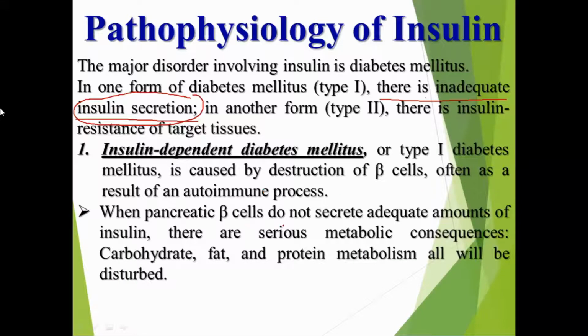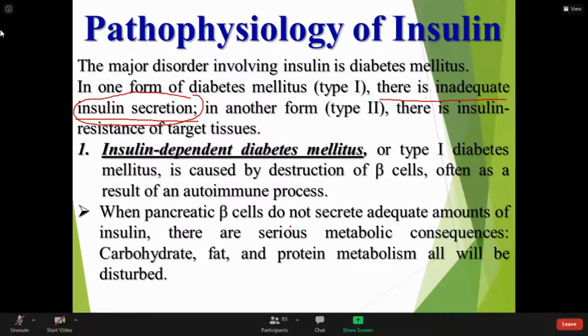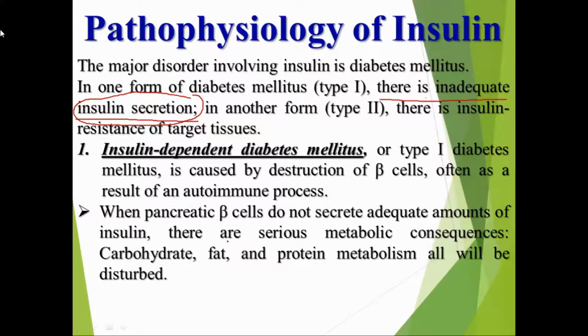When pancreatic beta cells do not secrete an adequate amount of insulin, there are serious metabolic consequences. All of these are related with the functions of insulin which we talked about just now; metabolism of carbohydrate, fat, and protein will be disturbed. Type 1 diabetes mellitus is characterized by the following changes.